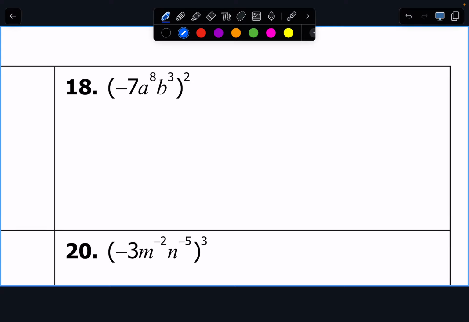Can we all agree that A has the exponent of 16 and B has the exponent of 6? What do you have in front of that, though? I have negative 49. I hear 49. Did anybody have like 14 or negative 14? Okay.